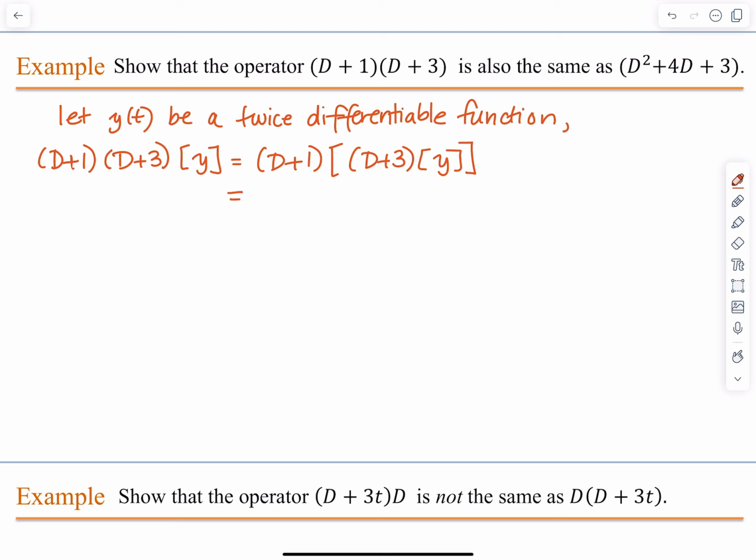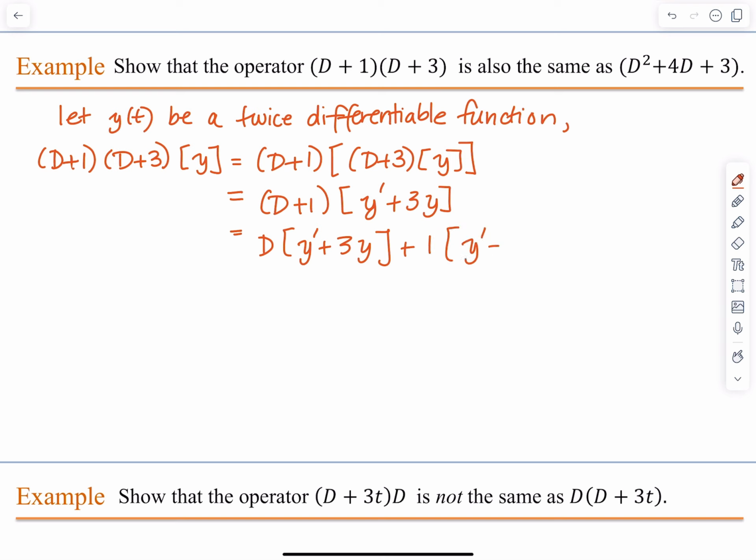And that is equal to D plus 1 multiplied, and let's use our notation, by y prime plus 3y. And that is equal to now the operator D on y prime plus 3y, plus 1 multiplied by y prime plus 3y.